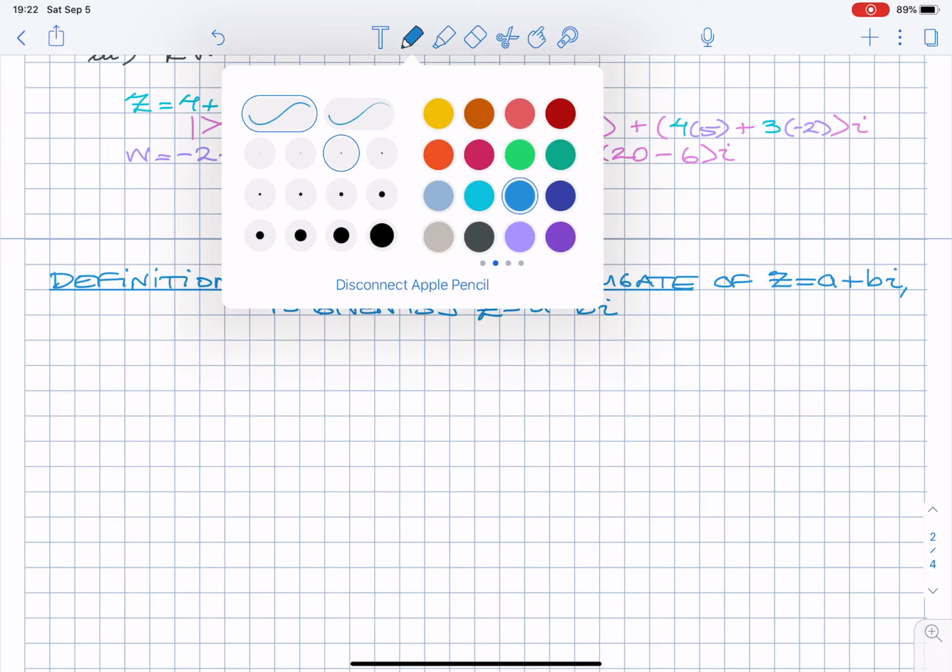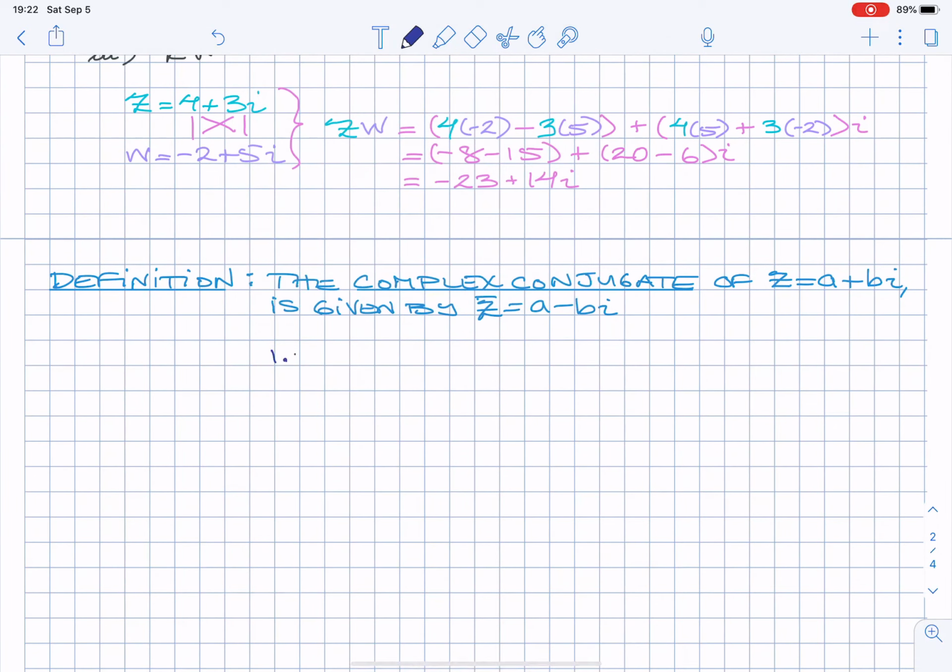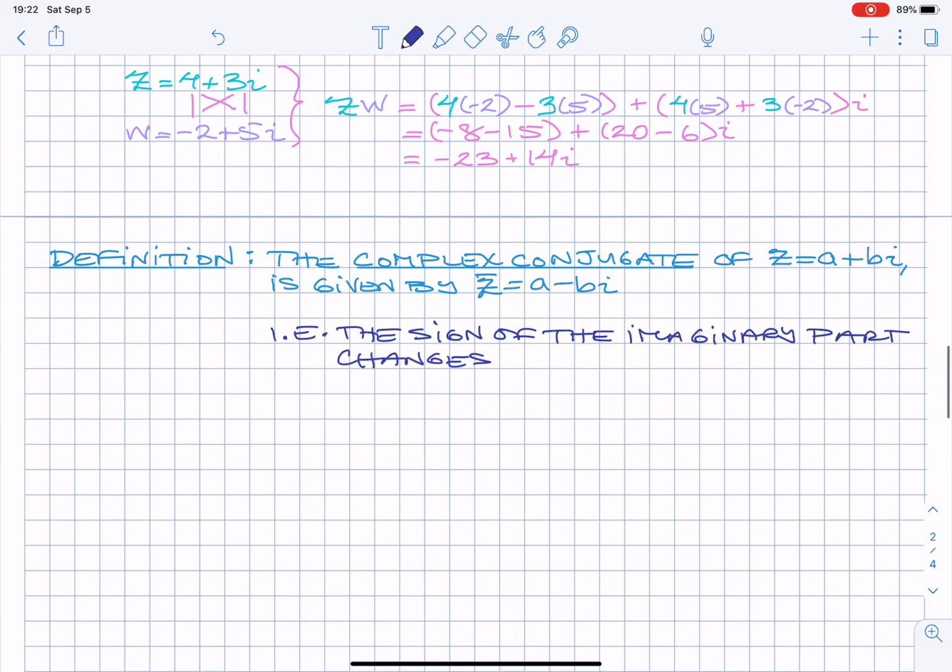So that is, i.e., the sign of the imaginary part swaps. The sign of the imaginary part changes. If it's positive, it becomes negative, or vice versa. If it's negative, it'll become positive.